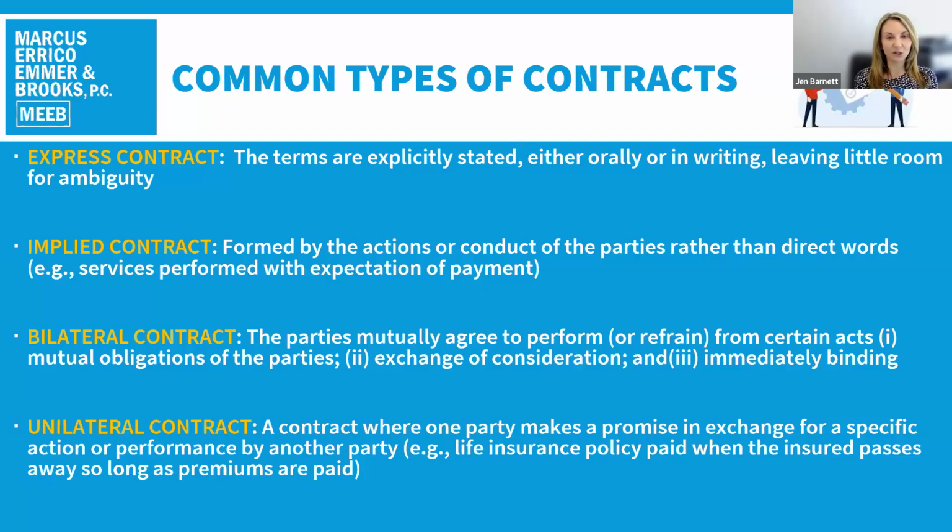And so a unilateral contract has less power for the party who's performing right away. The other party doesn't have an obligation to perform unless that first party performs first.